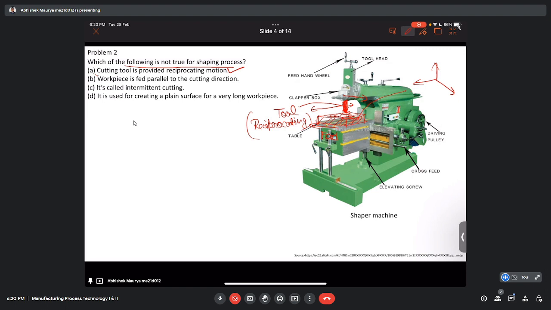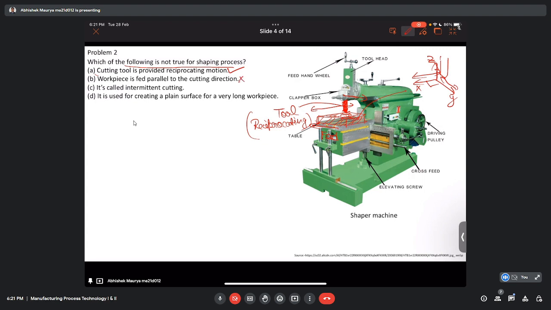This is the axis of the tool, and our tool is reciprocating. Suppose it is x, y, and z. Our tool is reciprocating along the x direction, and we are giving the workpiece some feed motion along the y direction. So x and y are perpendicular, not parallel. That's why this option is correct.